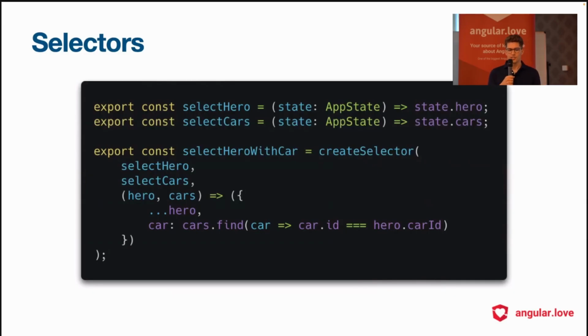If we are using state management from NgRx and we want to read something from the state, we are using selectors, which are pure functions, really simple, that read something from the state. We can create selectors using other selectors, combining them together, which is really great in terms of performance.